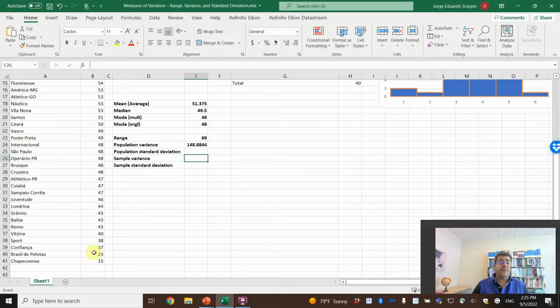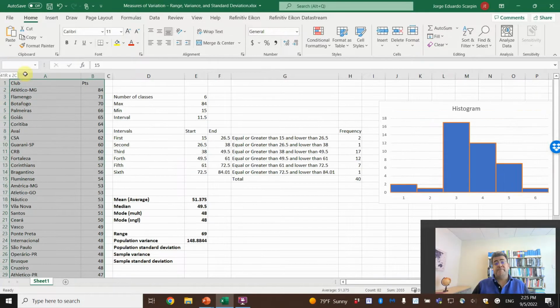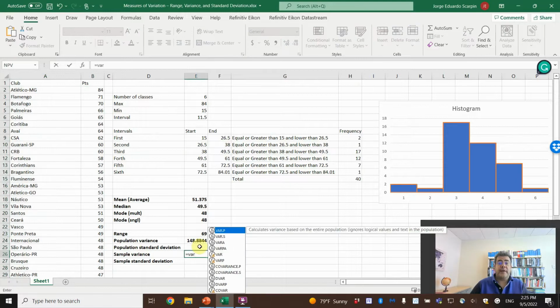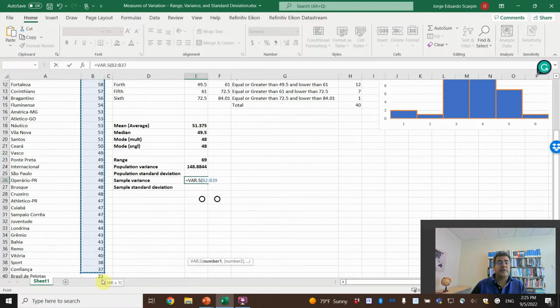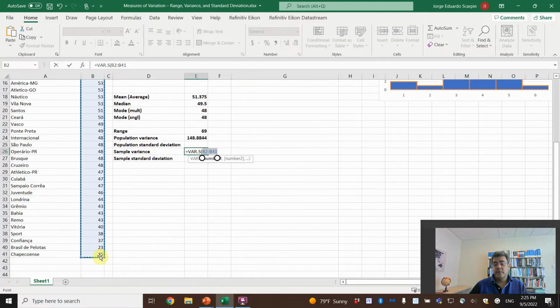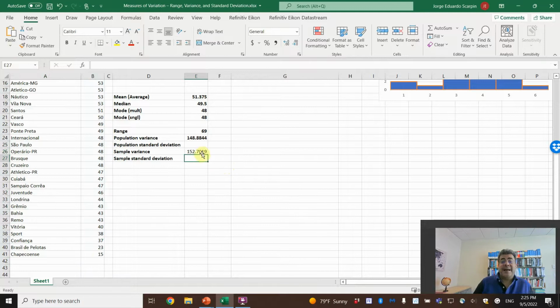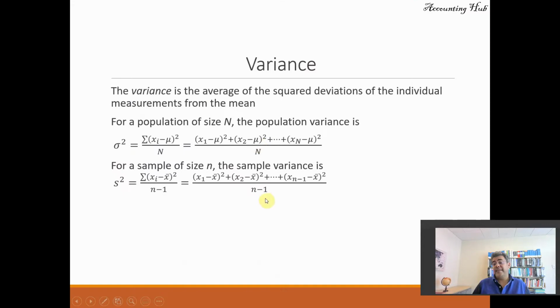What if, instead of the full population, this was a sample? So our first two leagues, there are 400 clubs, and we are taking a sample of 10% of them, so only 40. Then we will go to variance sample and select the numbers. It will be a little bit higher, and the sample variance is always higher than the population variance because the denominator, let's come back here, instead of n is n minus 1.